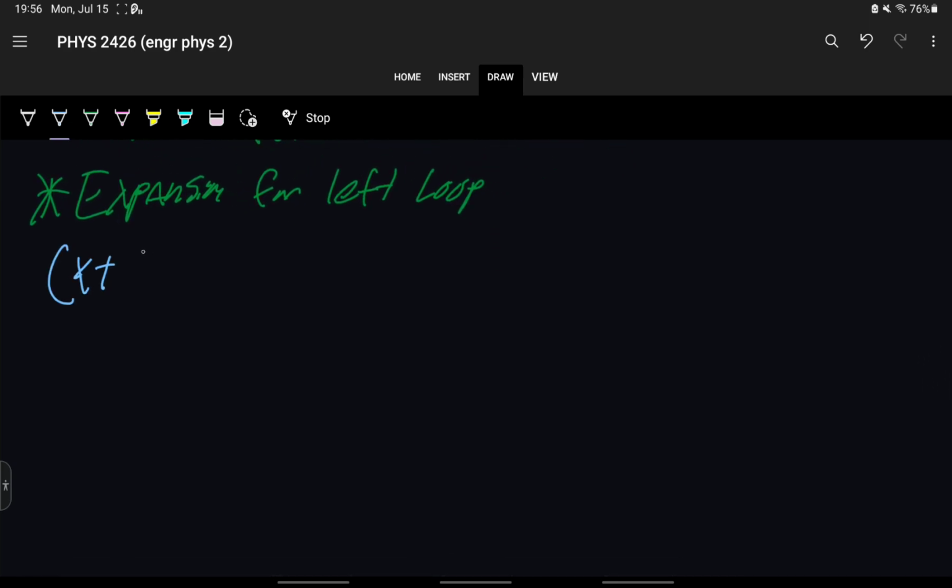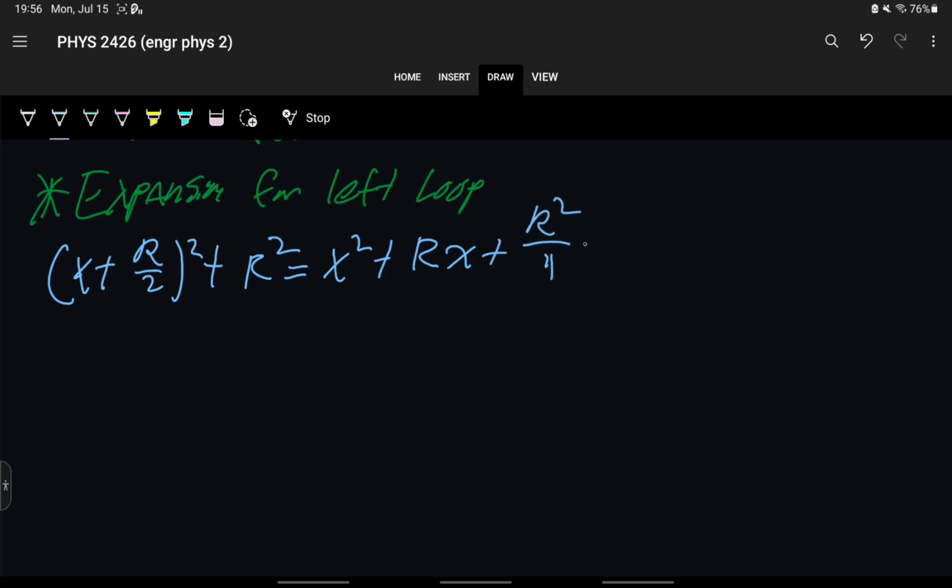So we're going to have x plus r over 2 squared plus r squared, which is equal to x squared plus r times x plus r squared over 4 plus r squared. That's going to give us x squared plus r times x plus 5r squared all over 4.